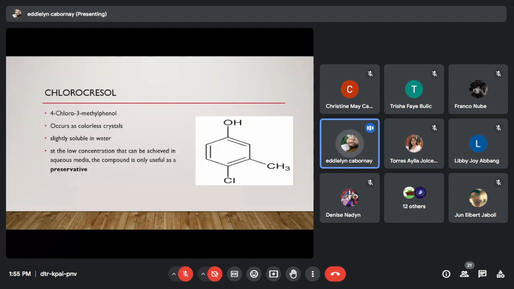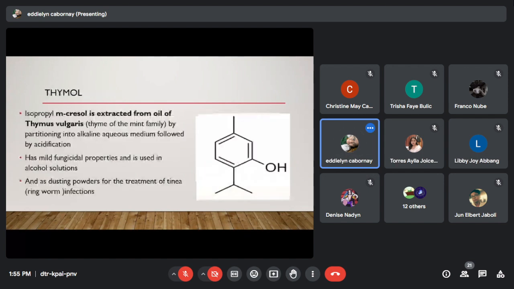So we have chlorocresol, the other term is 4-chloro-3-methylphenol. The compound is used as a preservative. We have thymol, isopropyl m-cresol, which is extracted from the oil of Thymus vulgaris, a thyme of the mint family, by partitioning into alkaline aqueous medium followed by acidification.